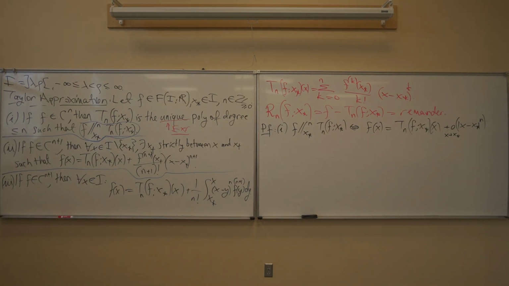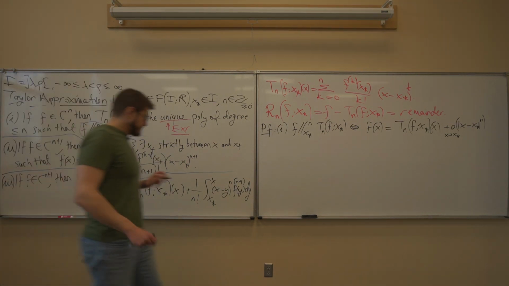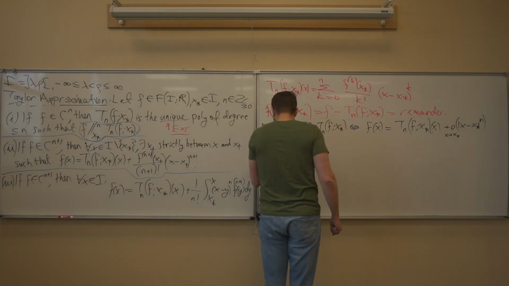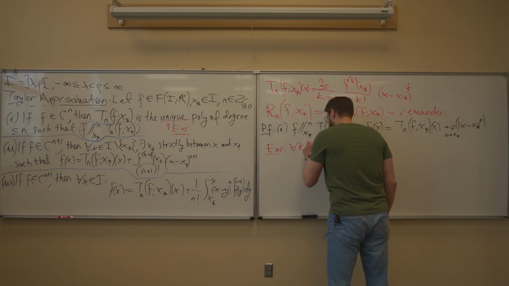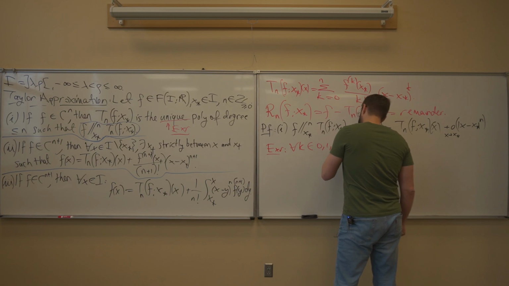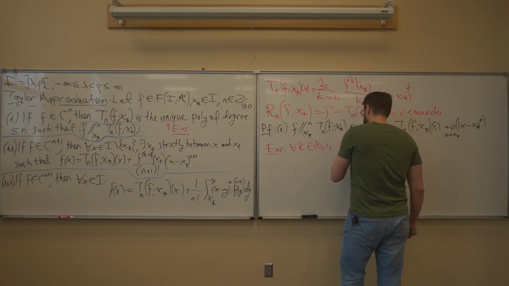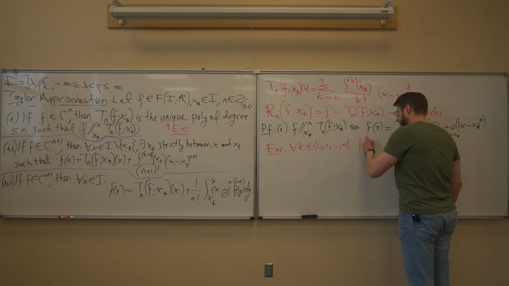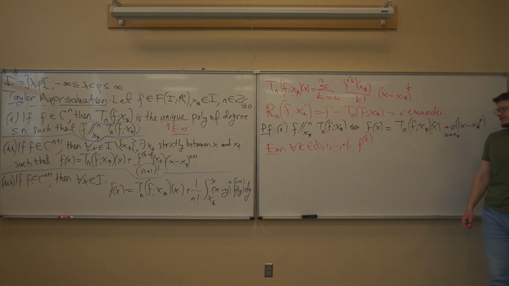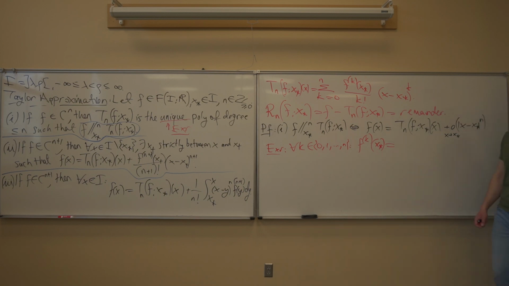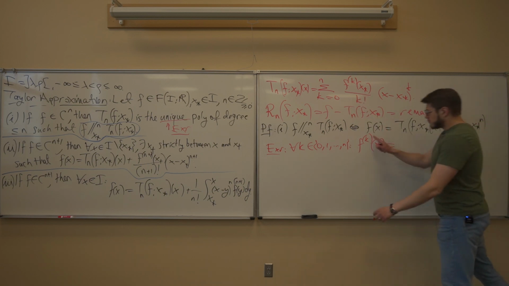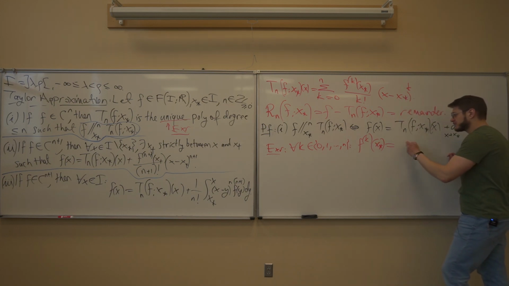It's a very nice exercise as well. So for any k, the kth derivative of the original function evaluated at x star is equal to the kth derivative of its Taylor polynomial of order k at x star also.